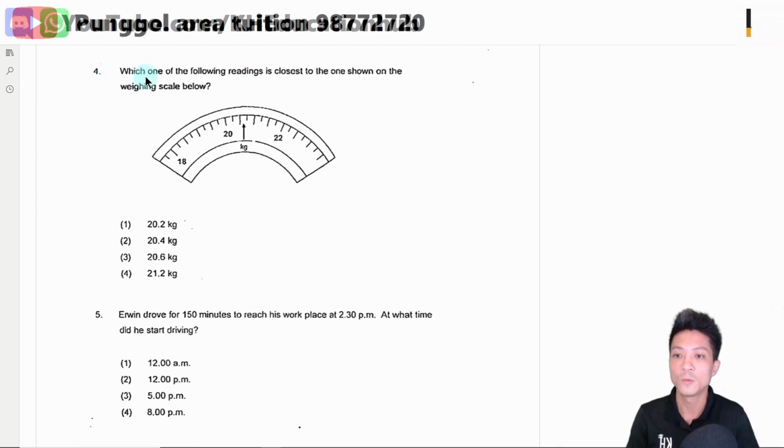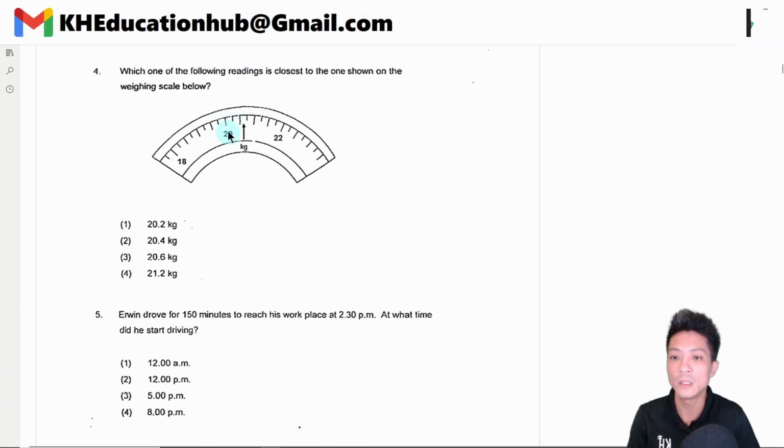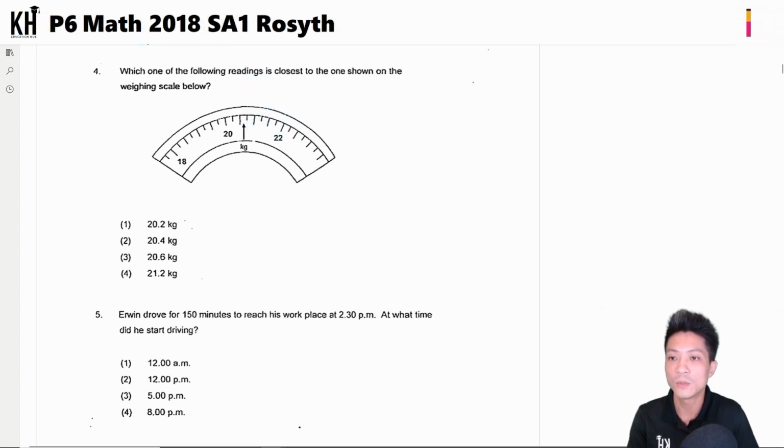Question 4. Which one of the following readings is closest to the one shown on the weighing scale below? We've got to figure out certain things. This is 20. There are 8 divisions. The one in the middle is 21.